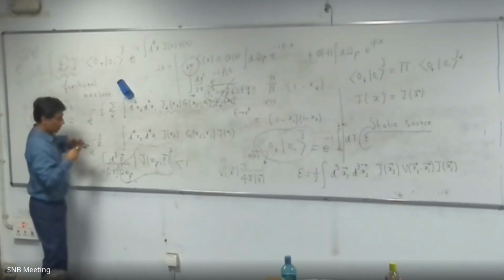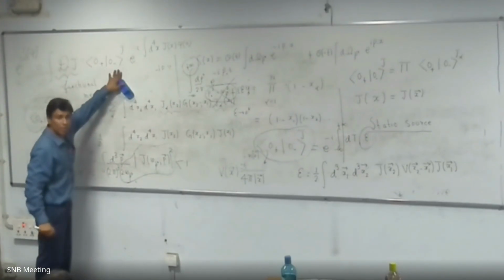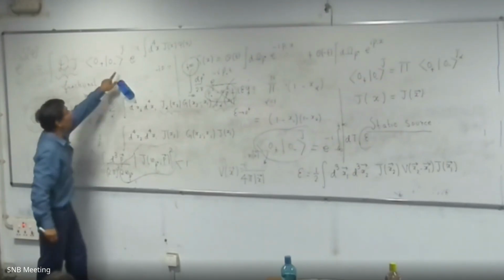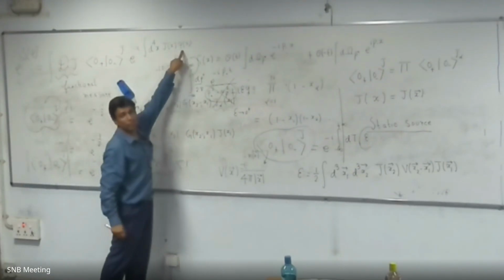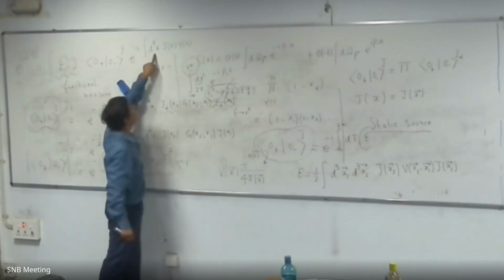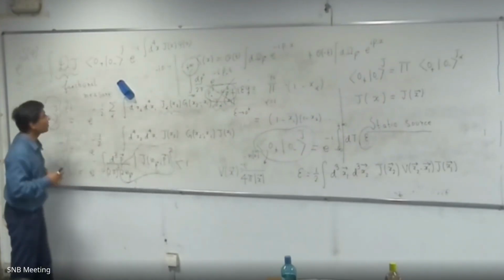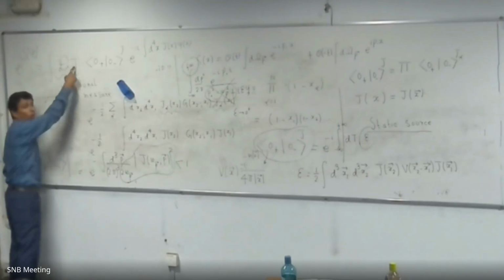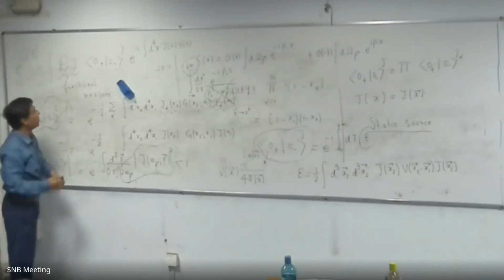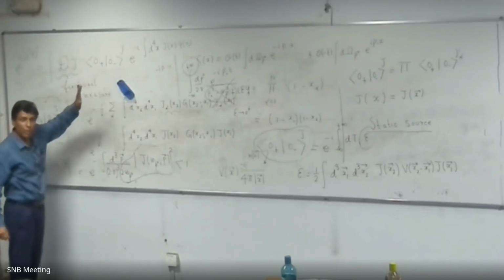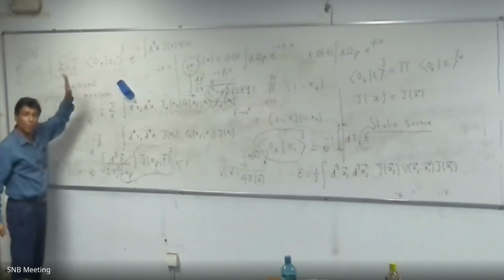It basically means this quantity is a functional of J. You make a Fourier transform of this quantity, e to the power of i d4x J(x) phi(x). This is like a functional Fourier transform, and integrate over all possible functions J. So this full integral is a functional Fourier transform, and this integral is a functional integral.